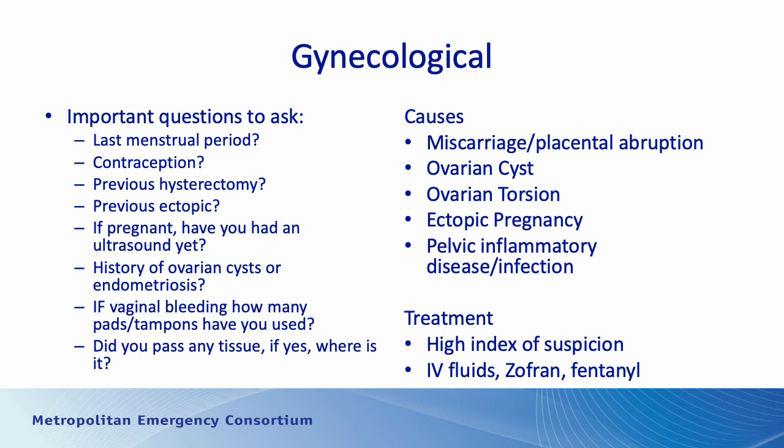Typically, these are STDs, but sometimes you can have an infection of the tubes and ovaries for other reasons. Again, treatment: think about high level of suspicion, particularly risk for ectopic pregnancy. So someone who's late on their menses and having severe abdominal pain, think about ectopic, treat them with fluids, treat their symptoms, get them to the hospital.